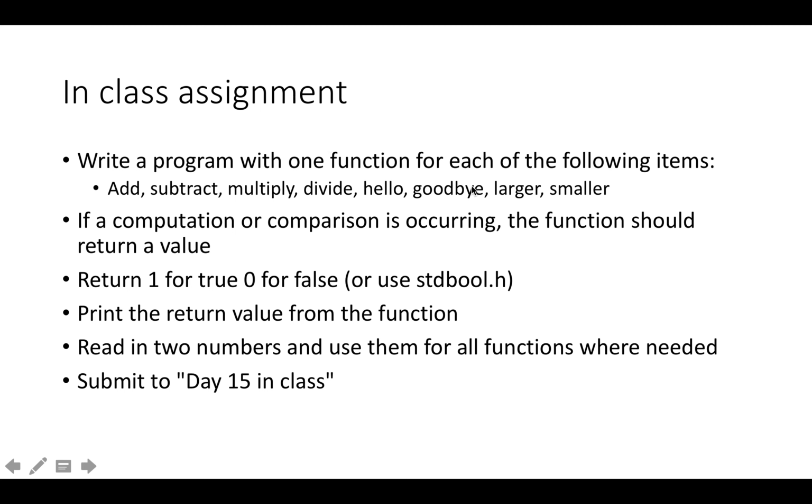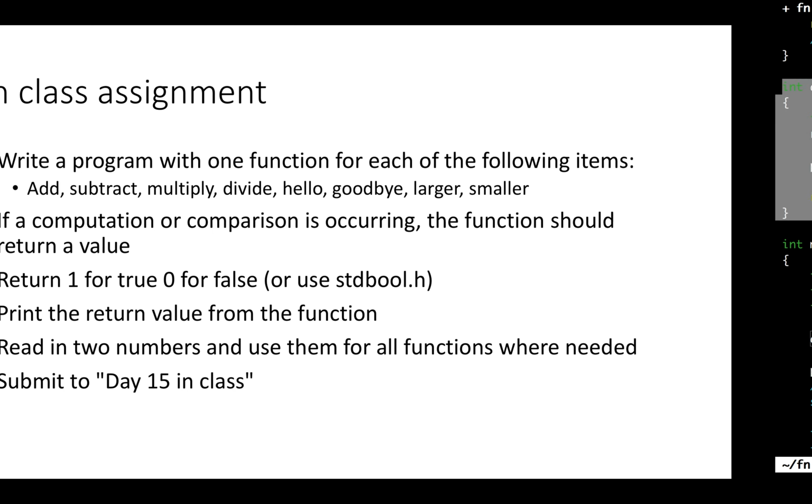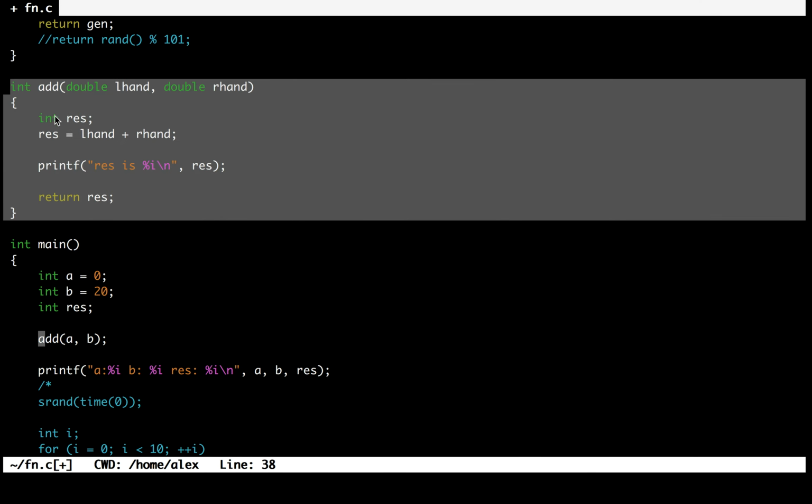There's also a couple of different functions. There's hello, goodbye. Just write a function which prints hello, prints goodbye. And then you need to write two functions which compare whether the first argument is larger than the second argument, or the first argument is smaller than the second argument. So you pass in, there should be an if statement.